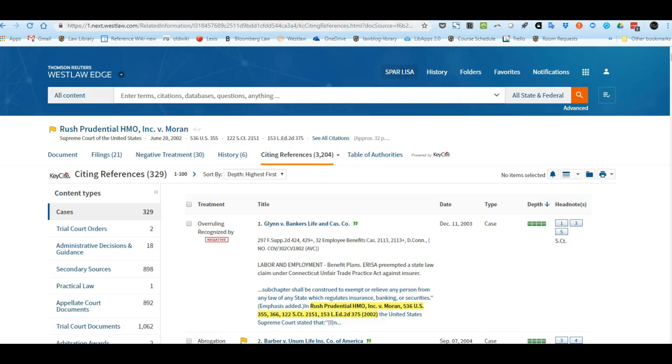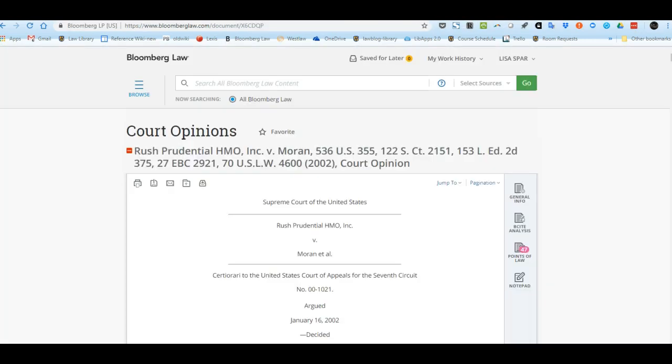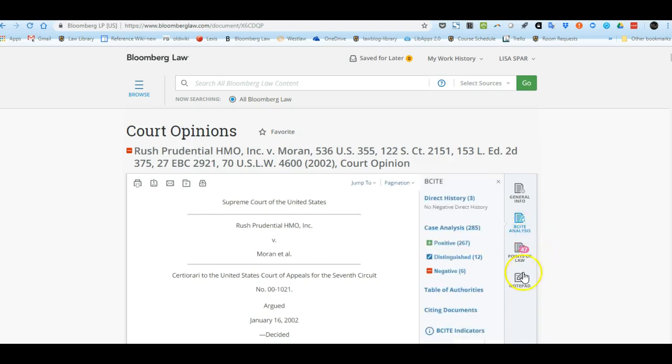Let's take a quick look at BCite, or Bloomberg Citator. I pulled up Rush Prudential here on Bloomberg just by typing in the name in the search bar. And as I mentioned, Bloomberg's citator is called BCite, and the BCite analysis is here on the right, and it pops open and gives us treatment, how many positive, how many negative.